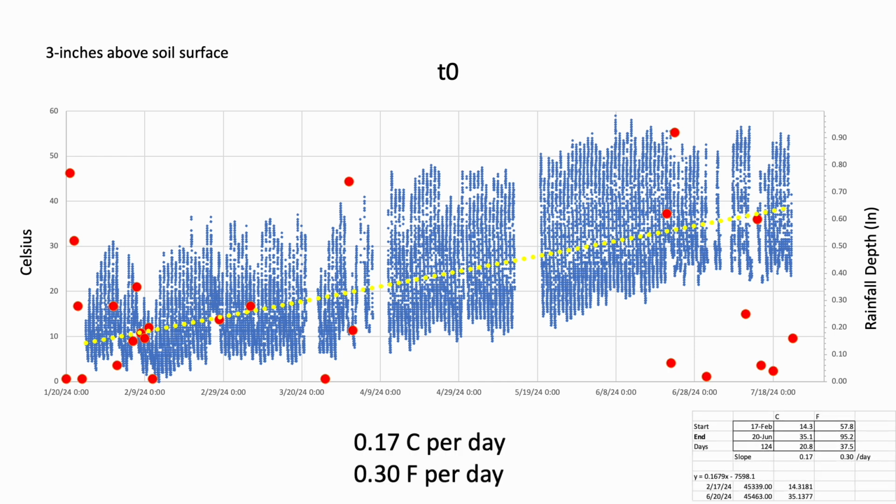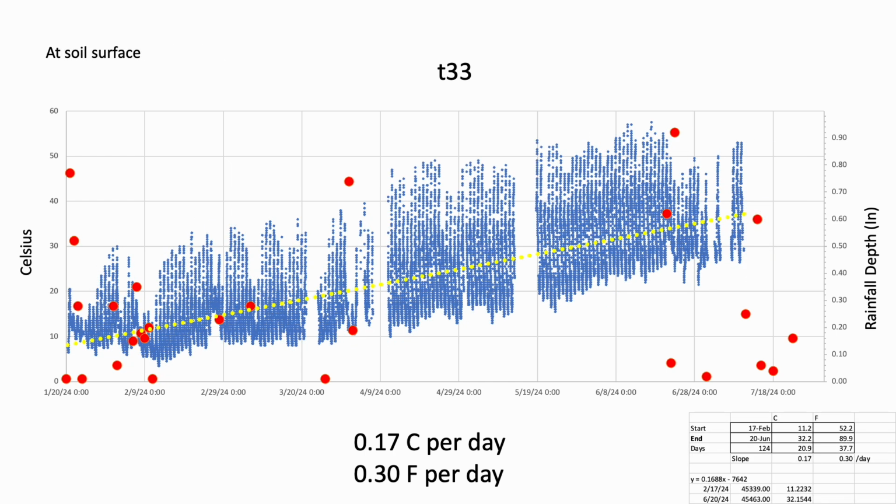And if we take a closer look at the linear regression for this data, again, highly variable, so low R squared, but you can see that overall we get about 17 hundredths of a degree Celsius increase in temperature per day for this time period, which translates to about 30 hundredths of a degree Fahrenheit per day. So that's just kind of interesting to know how the soil is increasing in temperature as we move through the seasons, or between January and July.